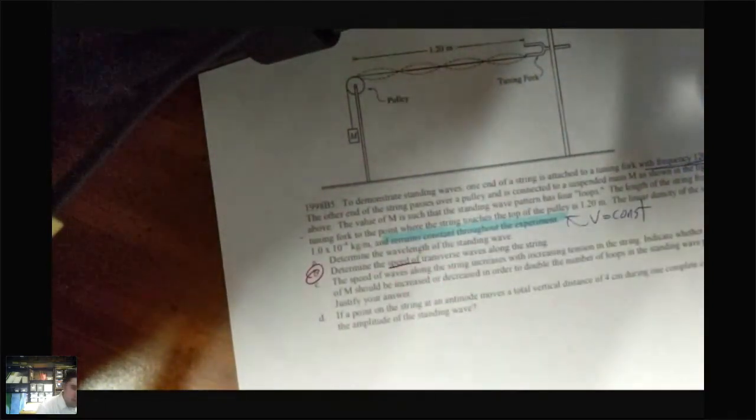And being the good person who reads ahead on these exams, I can see very clearly that part B wants me to find V. So that's the part that's going to actually require us to use that equation.